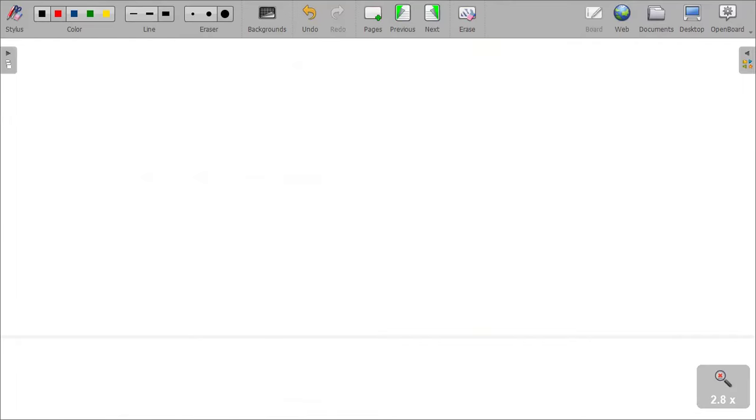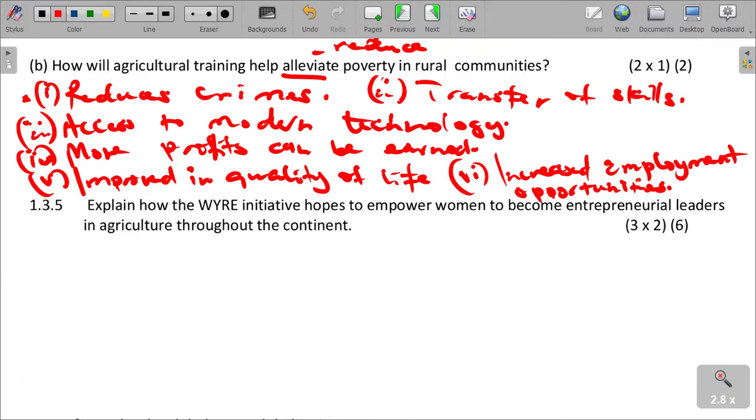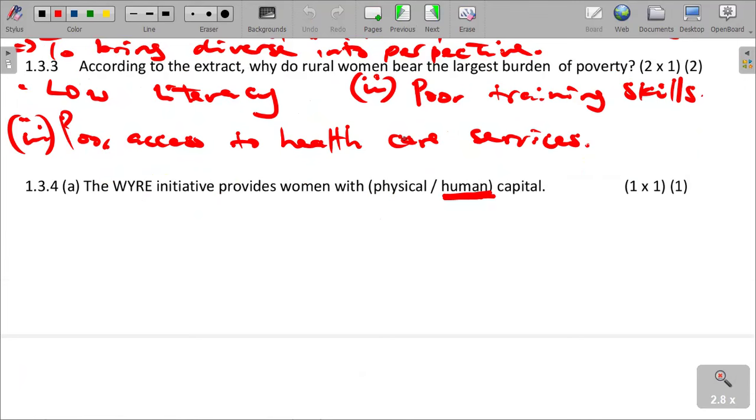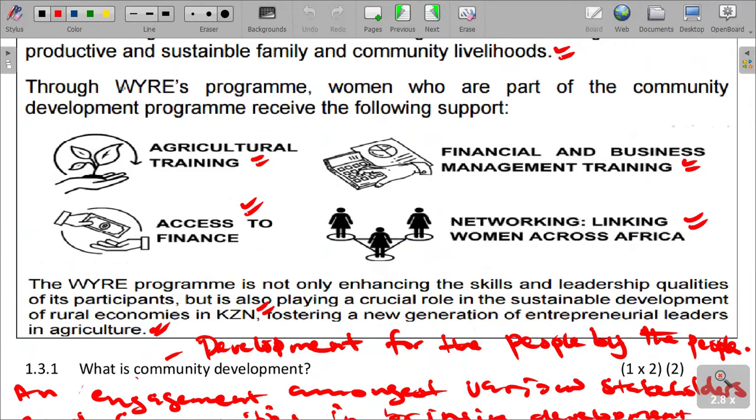We are given that there is women in networking, access to financing, networking, agricultural training. All these are advantages or measures that are mentioned in this respect.